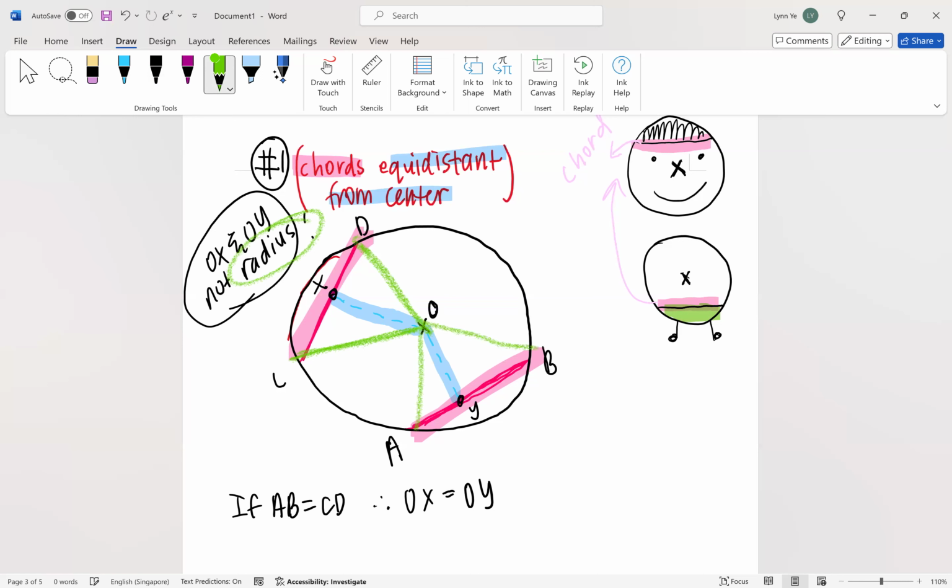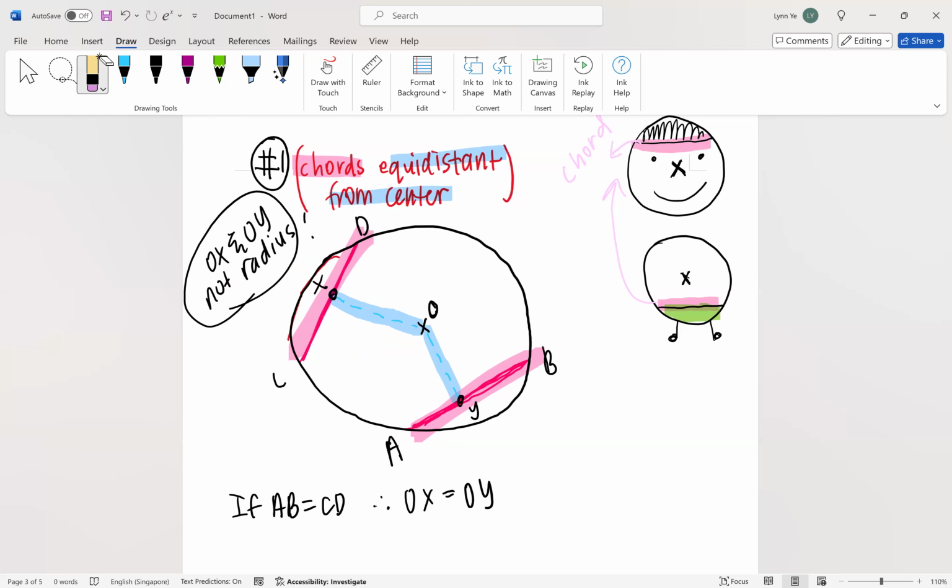OA, OB. And what did I tell you guys? Wherever you have a radius, you draw a tiny line, tiny line, tiny line, tiny line, and what appears? Isosceles. But I don't want to do it for this case. That's why I'm erasing it off, because don't be confused with this property. If you indicate it inside, you will be confused. Keep it simple. This property is just chords equidistant from the center. Don't add in the radius. There's nothing to do with radius.